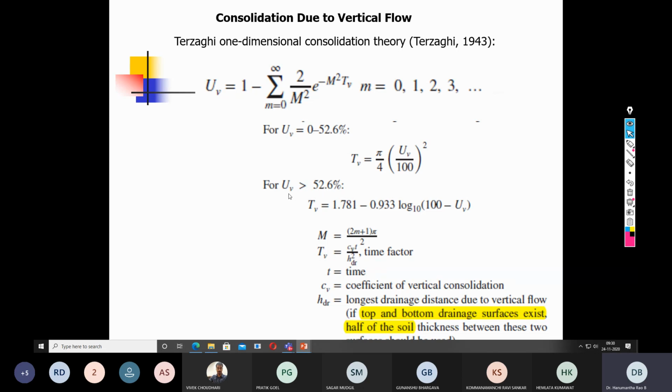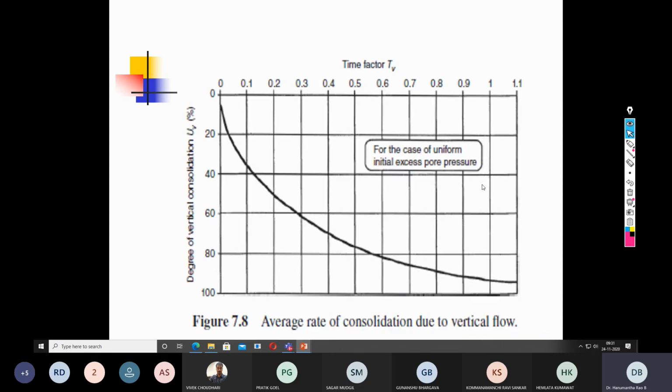If the average degree of consolidation exceeds this value, then we have to use another equation to compute the time factor, that is Tv equals 1.781 minus 0.933 log base 10 of (100 minus Uv). The only distinction is that you might have read the validity of these two forms of equations as above 60 and below 60, but make the correction to 52.6.